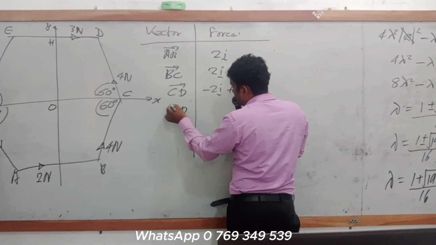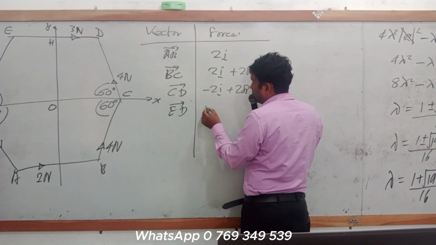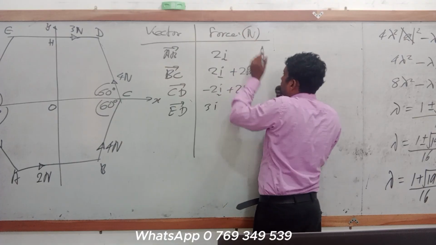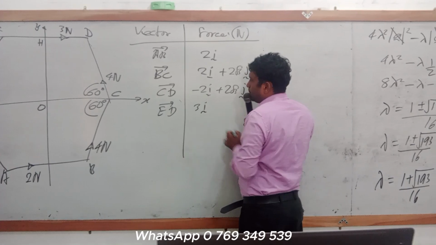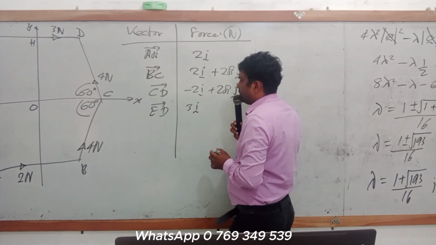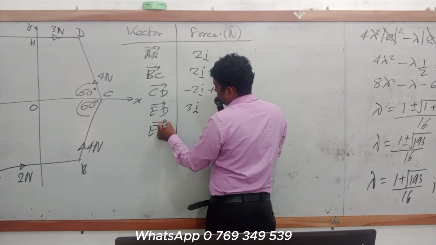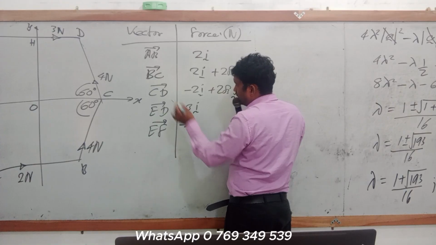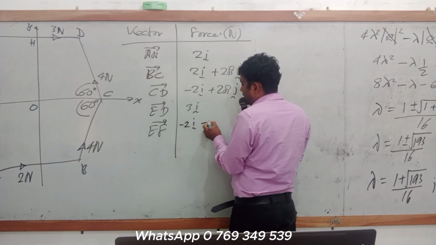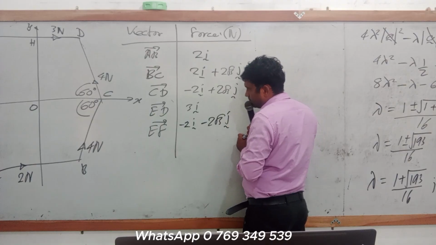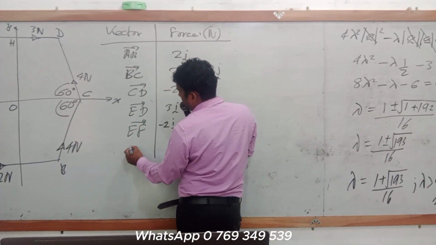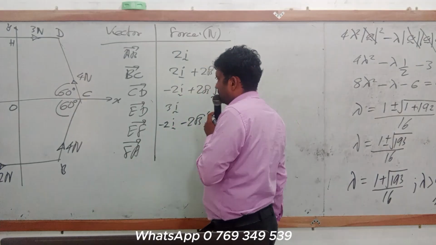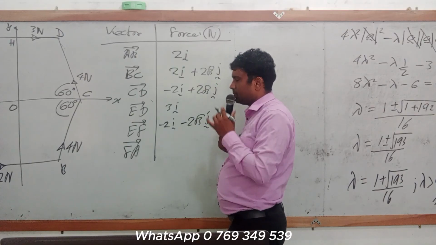ED 3 newton, 3i only. Force newton here, 3i only, and EF: 4 newton cos 60, minus 2i, other side minus 2 root 3 j.